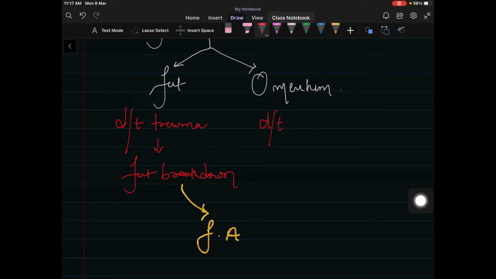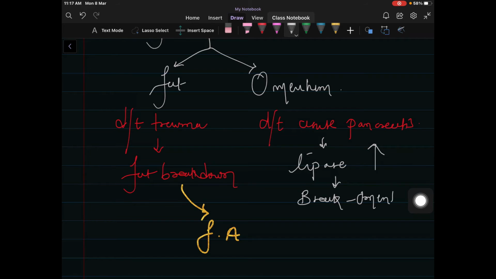So the breakdown of the omentum is due to acute pancreatitis. In this case, there is elevation of the lipase enzyme, which breaks down the omental fat and converts the fat into fatty acids.